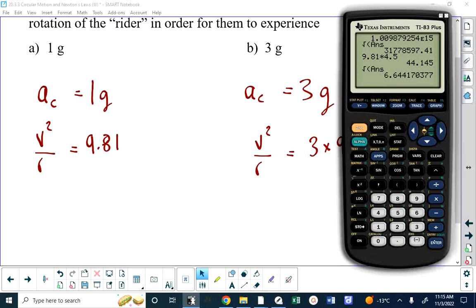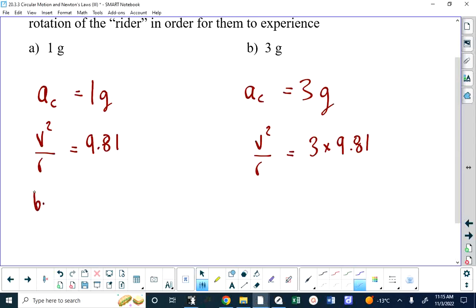So I get 6.6 meters per second. If I wanted to find the period and frequency, well, the speed is 2 pi r over T, so the period would be 2 pi r over the speed. Cross multiply and divide by v.